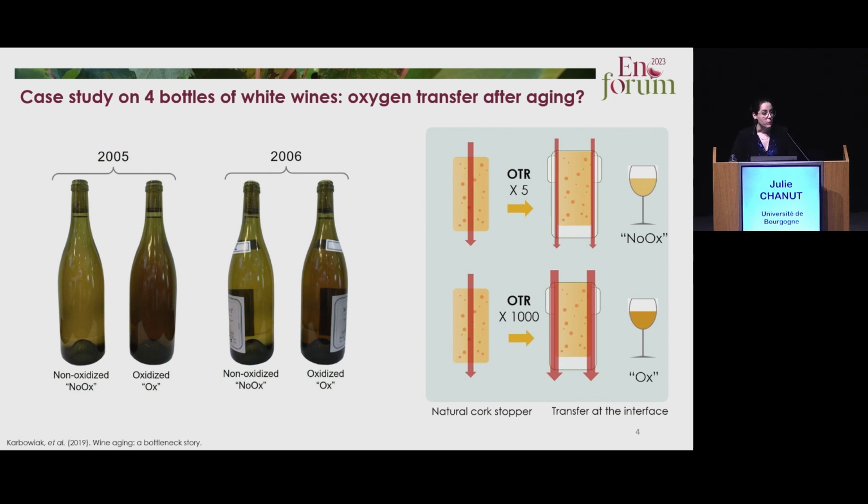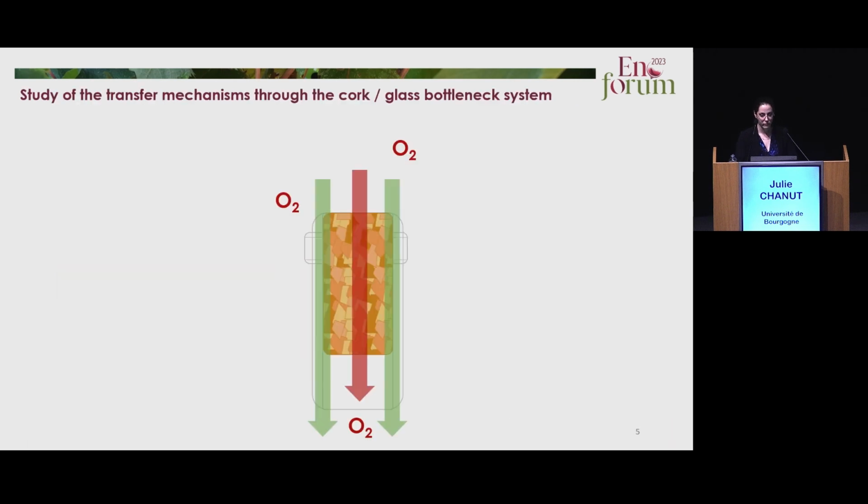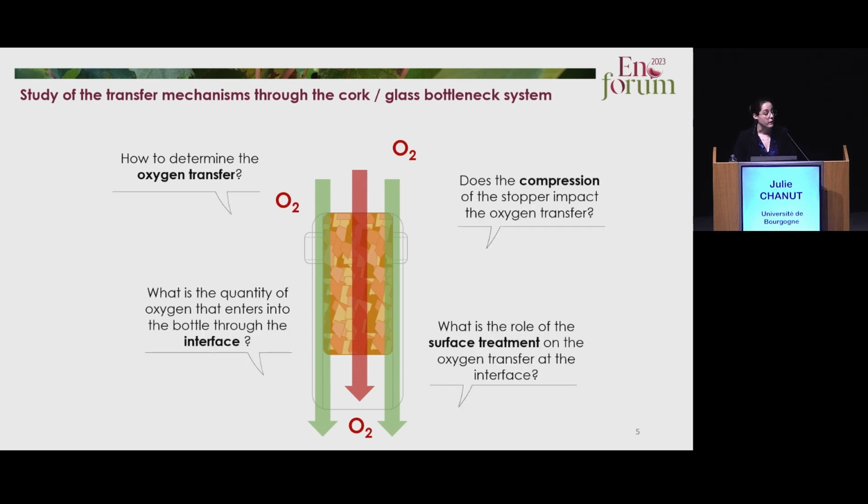OTR is 1,000 times higher. So evidently, the excess in oxygen accounted for the oxidization phenomenon, and that went through the cork, and especially transfer occurred at the interface between the bottleneck and the cork. As a consequence, we decided to further investigate oxygen transfer mechanisms through the cork and glass bottleneck system.